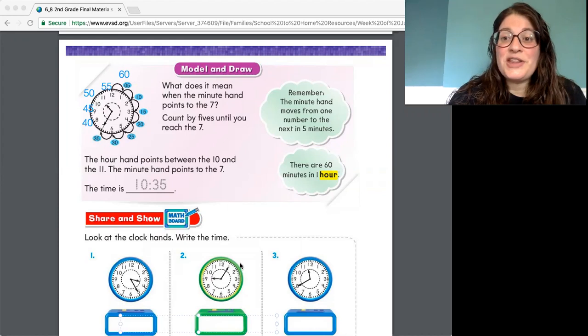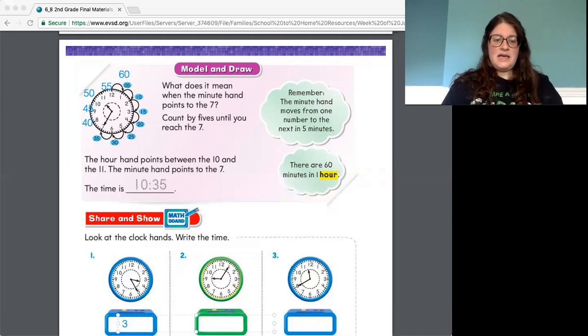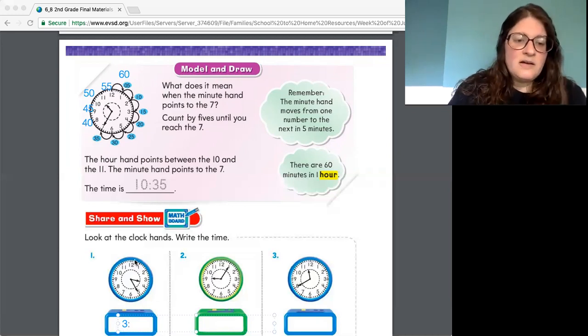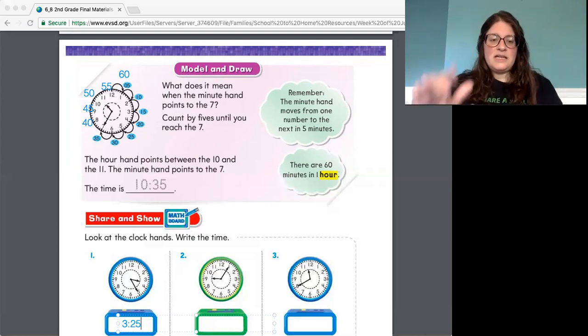Let's do one more and then you get to do the rest on your own. If I look at the hour hand, it's right in between the 3 and the 4, so I'm going to choose 3. And then for the minutes, we're going to count 5, 10, 15, 20, 25, and then I stop right there because that's where the arrow is, and it's 3:25.